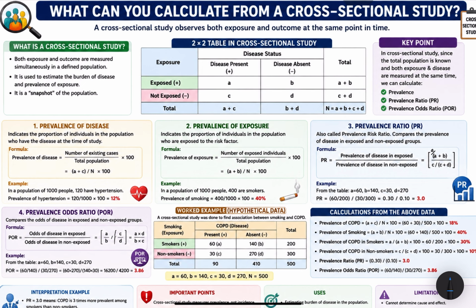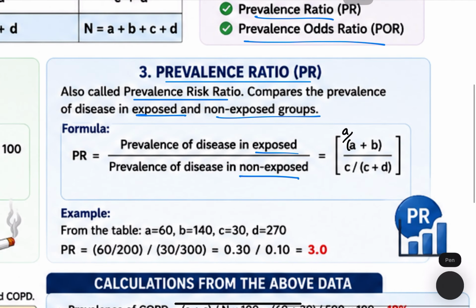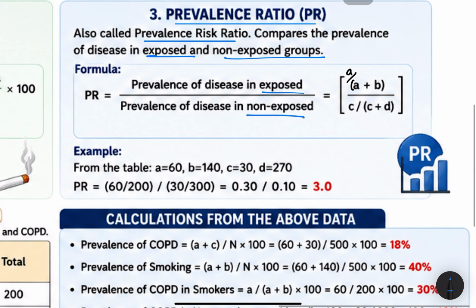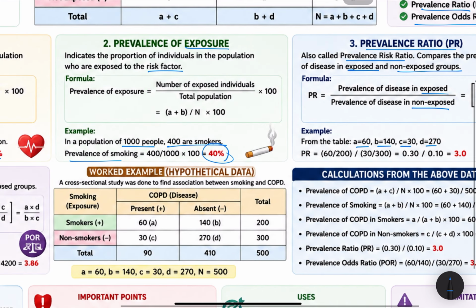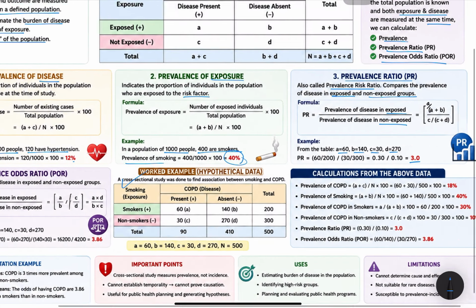Prevalence in exposed is A upon A plus B, and prevalence in non-exposed is C upon C plus D. So that is the point here, and we will get the prevalence ratio. For example, from this table A, B, C, D, when we put in the values, we will get prevalence ratio as 3.